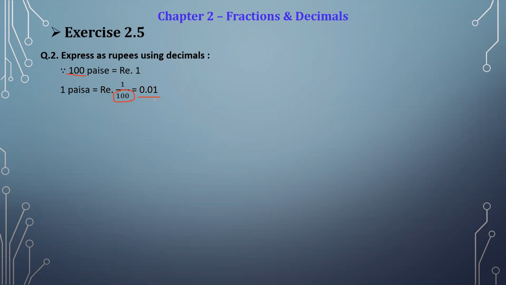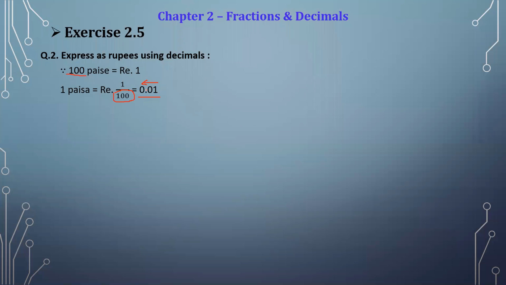Now, when dividing by 10, 100, 1000, these different numbers are multiples of ten: 10, 100, 1000, 10,000, like this. While dividing by 10, 100 or 1000, you have to remember one thing: you have to shift the decimal point to the left side by that number of digits.